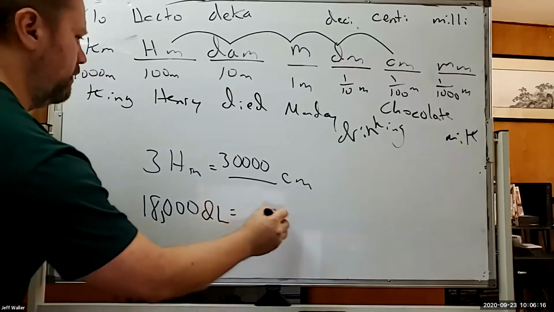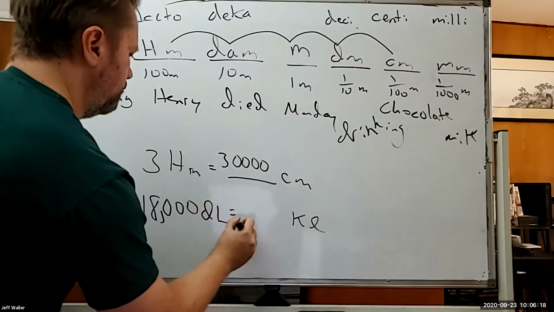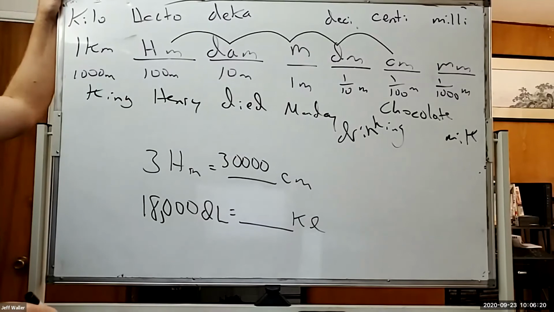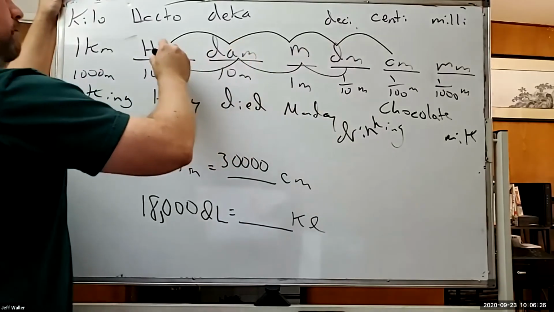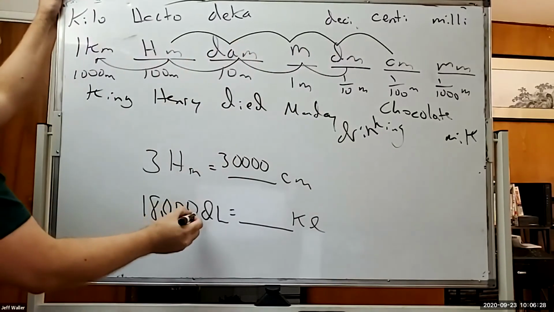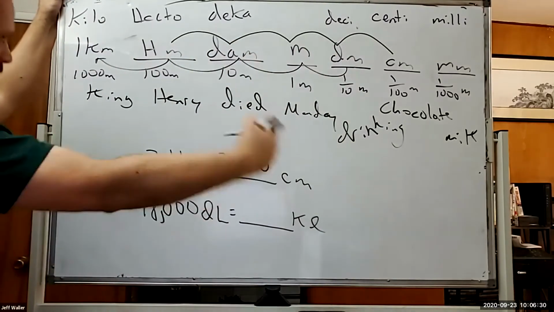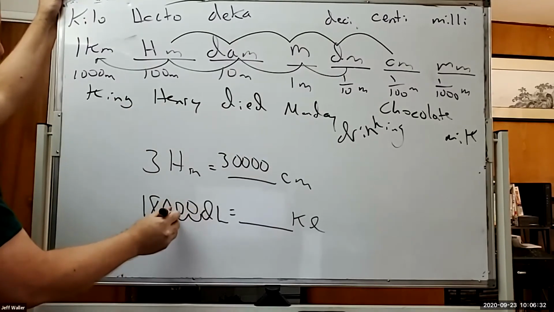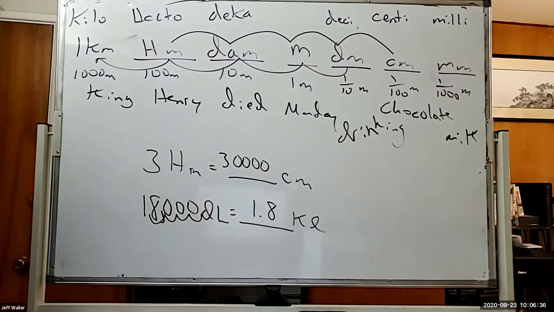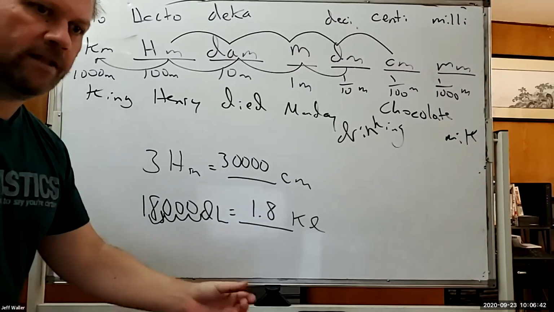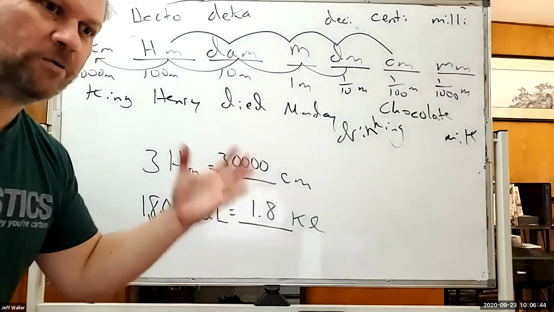How many kiloliters would that be? 1, 2, 3, 4. So then I move the decimal backwards, 1, 2, 3, 4. It'd be 1.8. Isn't that a lot easier than converting from teaspoons to gallons?